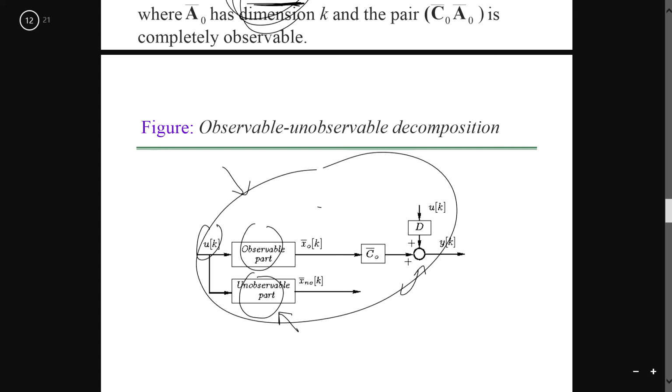Although this block diagram is in terms of Cx plus Du equals y, because this C is C observable times X observable, D is over here, U is U, plus some X non-observable over here, and then U.